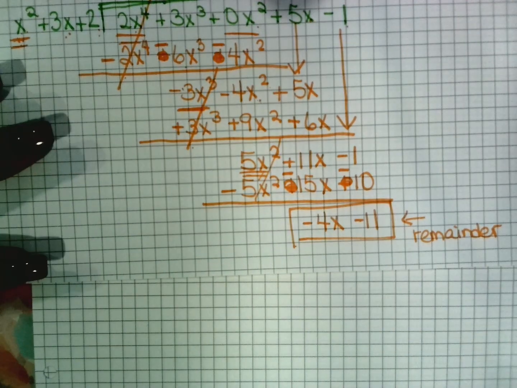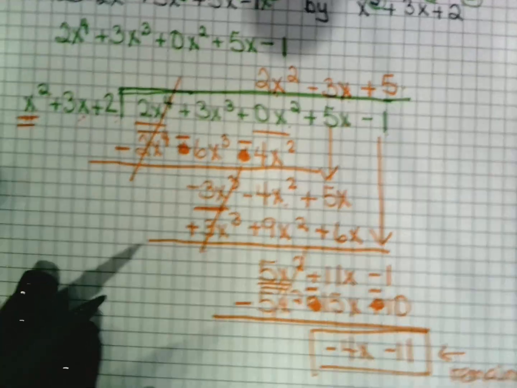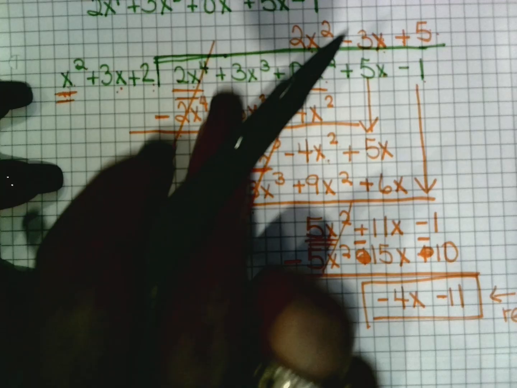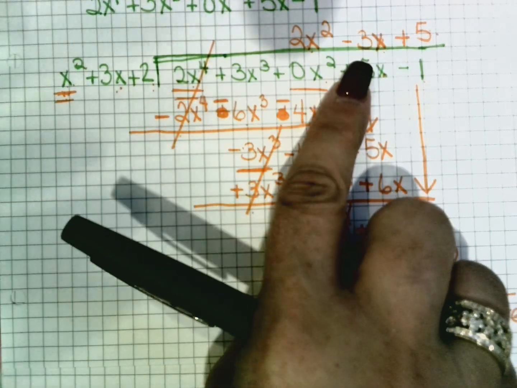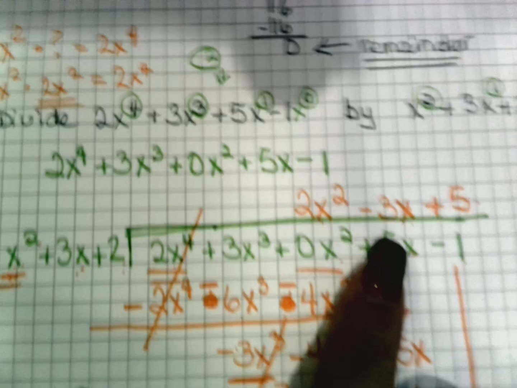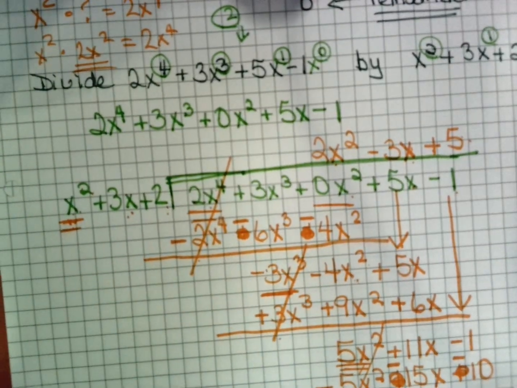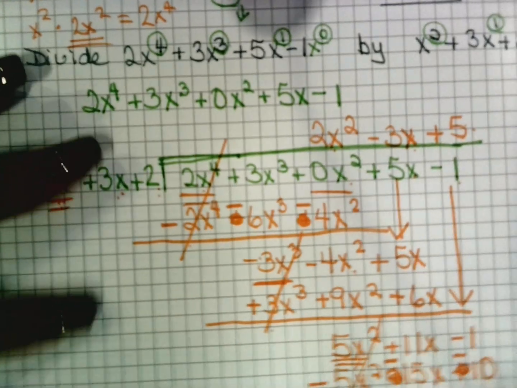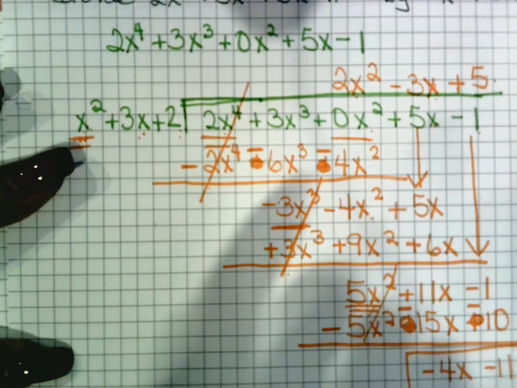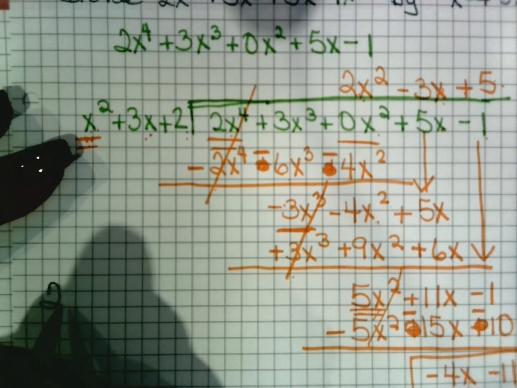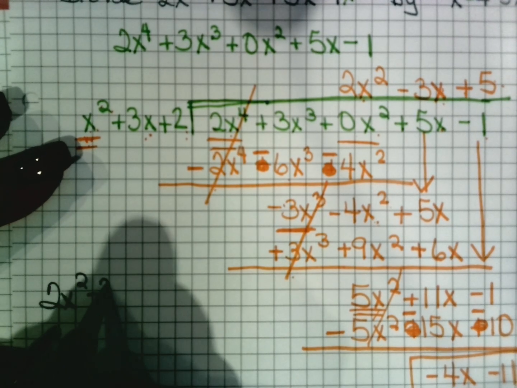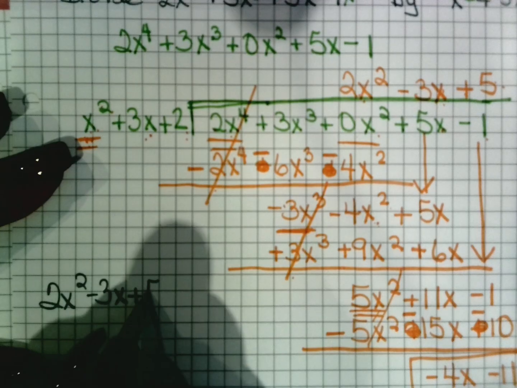Okay? And the way we're going to write the final answer, I don't know why it's so bright there. Sorry about that, guys. The way we're going to write the final answer is we're going to get this answer from up here, which is 2x squared minus 3x plus 5.